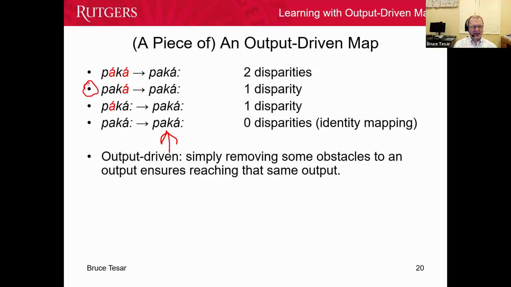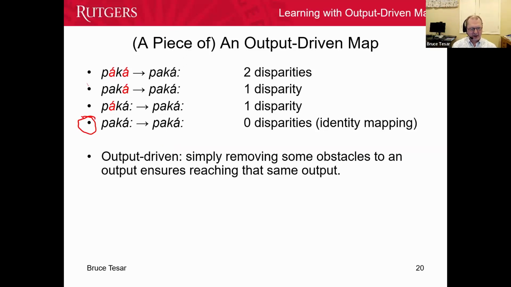The second candidate here has one disparity. It just has a disparity in the length of the second vowel. The third candidate here has one disparity. It's only a disparity in the stress on the first vowel. And then finally, the final candidate is what we would sometimes call an identity mapping. It's zero disparities. The input is identical to the output.